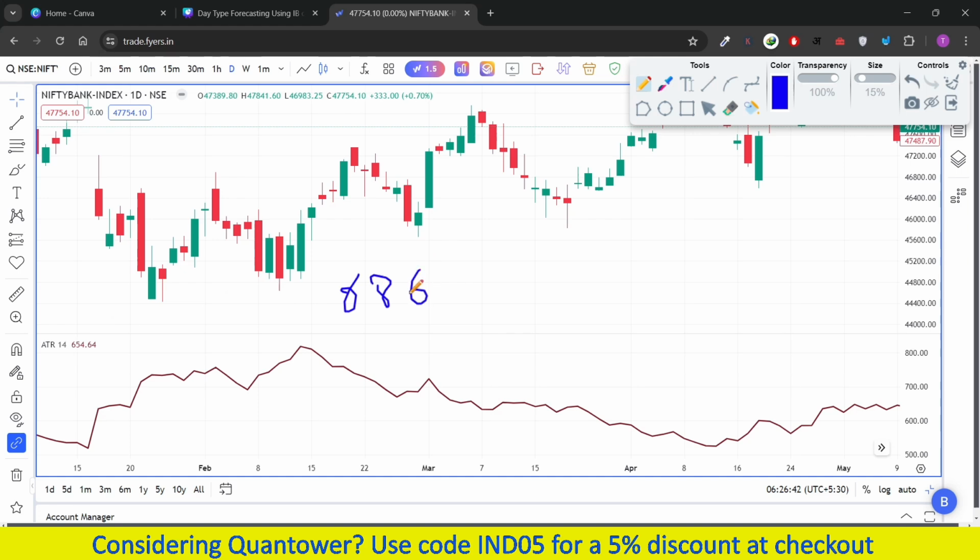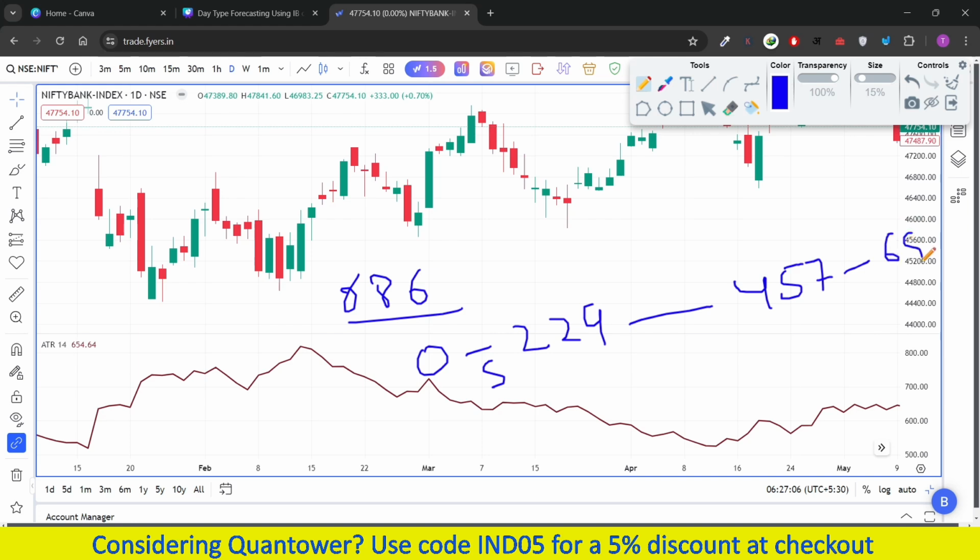If you make the 686 calculation, then 0 to 229 can be a small IB, 229 to 457 can be a medium IB, and from there to 686 and above can be a large IB. So this is our calculation according to what we got.